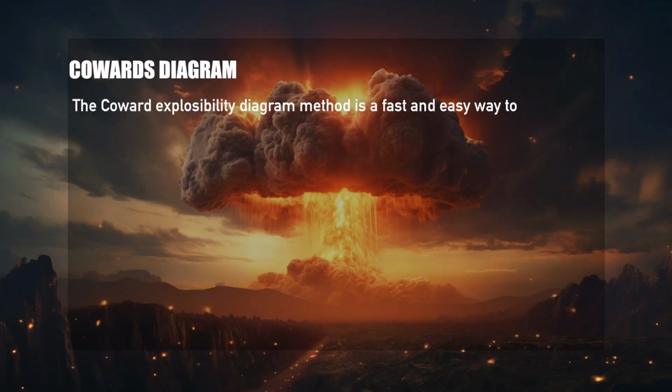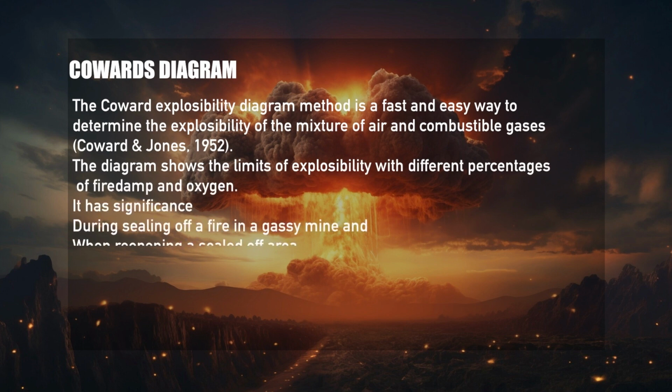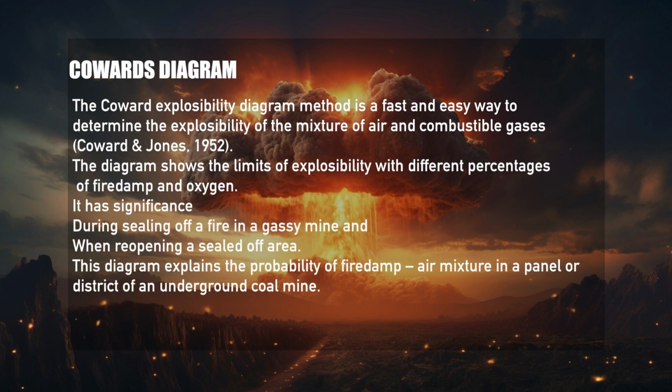Quad diagram. It is a diagram presented by Quad and Jones in 1952. It is a fast and easy way to determine the explosibility of mixtures of air and combustible gases like methane.